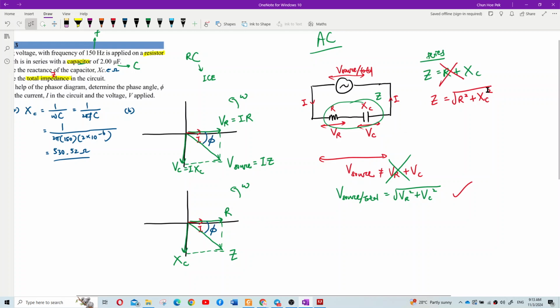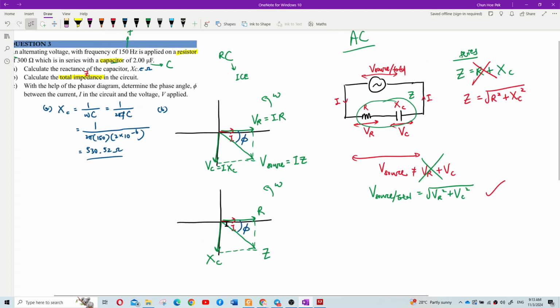Kita mesti buat Pythagoras theorem. Sebab Z ini memang Pythagoras theorem between R and XC. See that? Kalau V source, sama juga. Kena VR square plus VC square, punca kuasa, baru dapat V source.